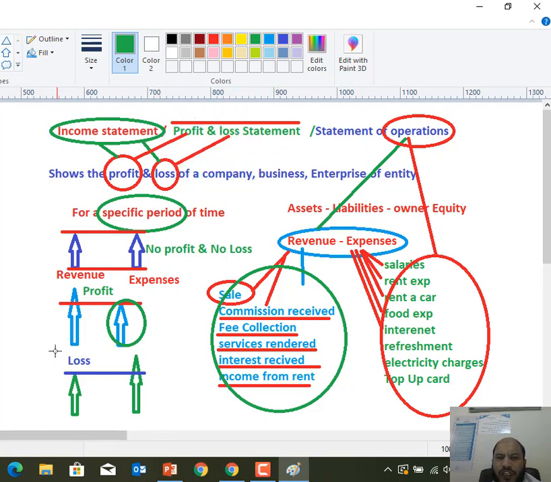So you see over here the revenue is less, but our expenses are higher. So here the company is in loss. But if our revenue is higher and our expenses are low, we may say that the company is in profit. And if the revenue and expenses match one another, we are not in profit and not in loss.